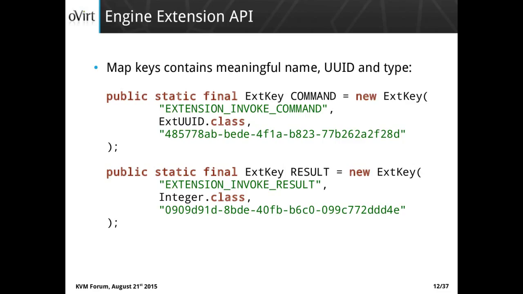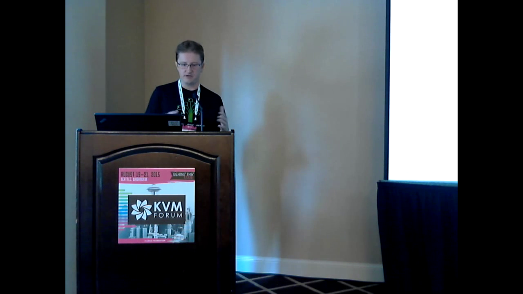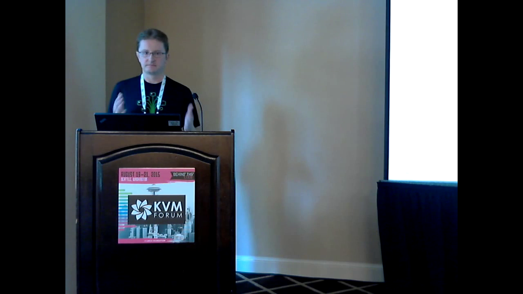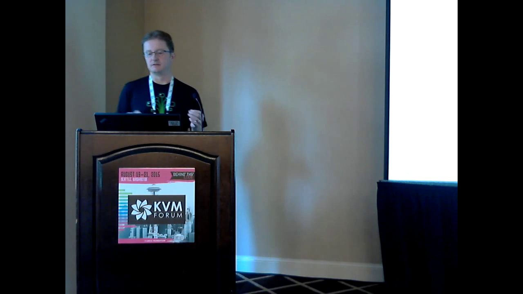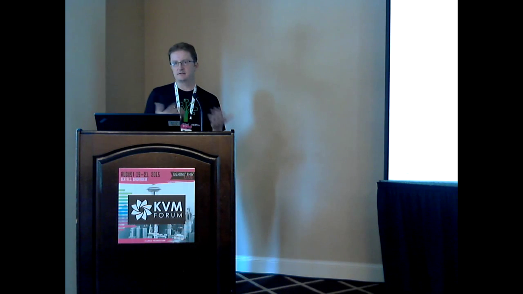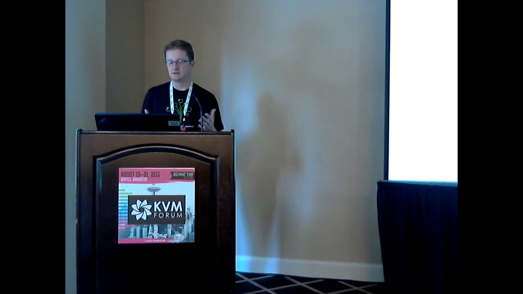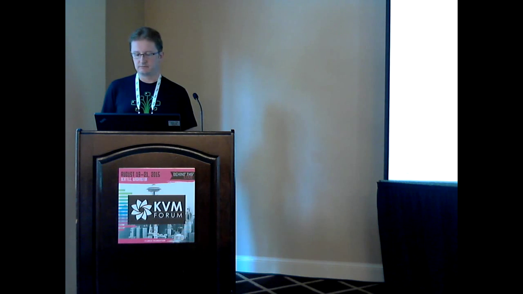Each map has its keys. These keys are simple classes which contain just the name of the key, a UUID to be able to identify exactly what this is, and also a class which gives us the type of the value.